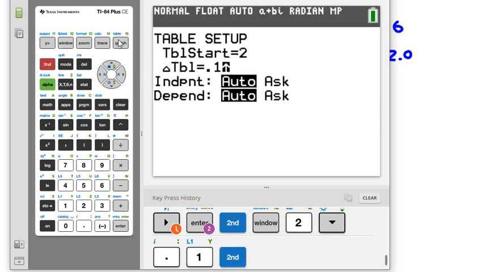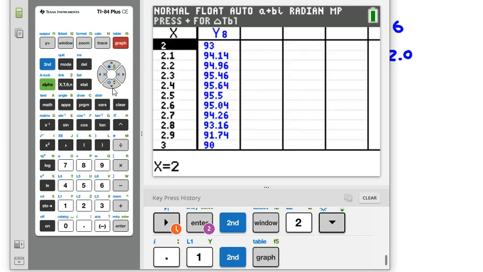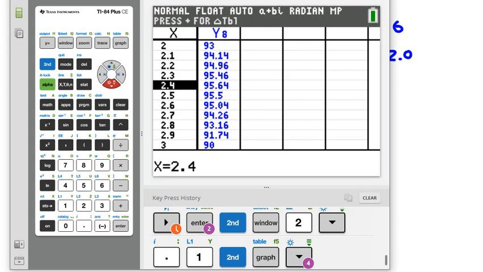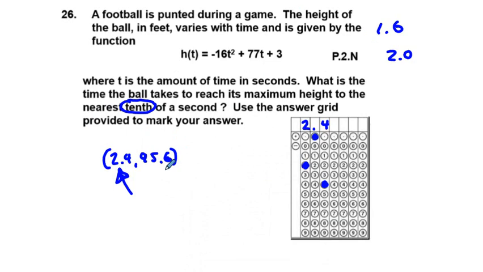If we go to table view from here, we can go right over here and we should be able to see, as we proceed down, that 2.4 is the nearest tenth that gives us the highest output value. So that's another verification. So those are the problems that I want to go over again.